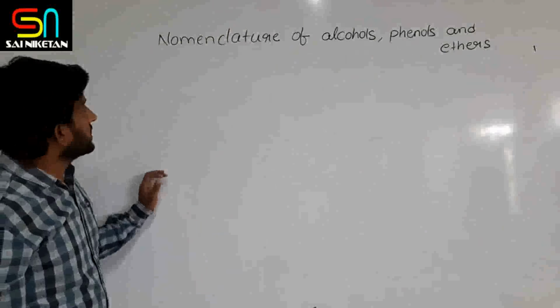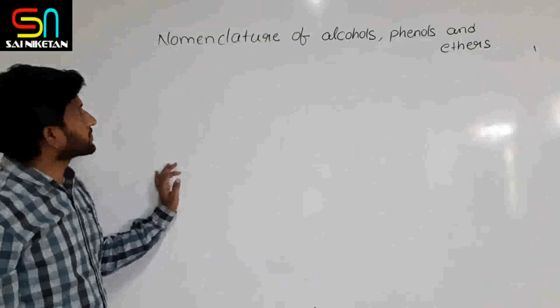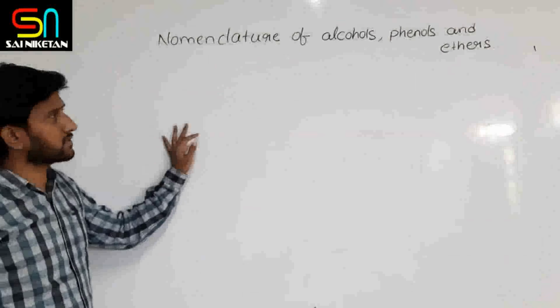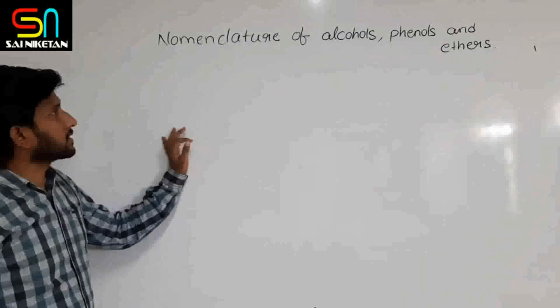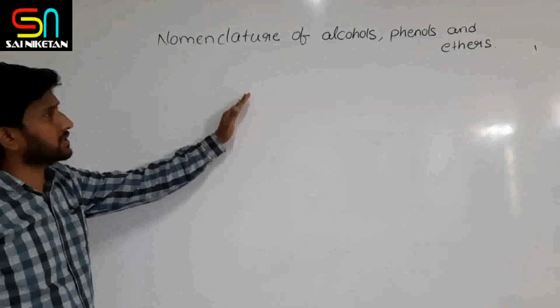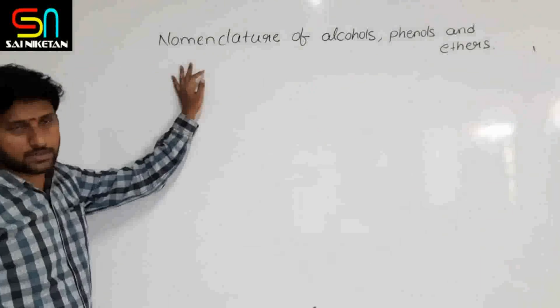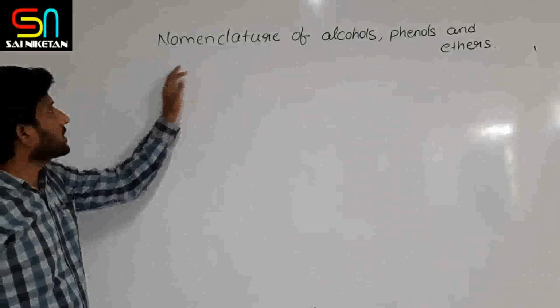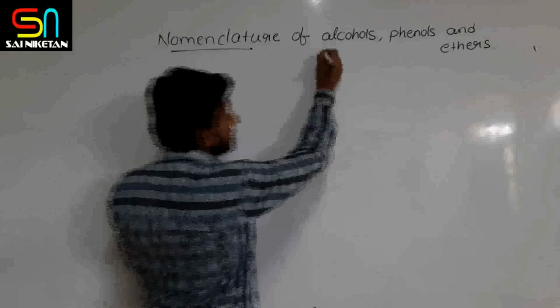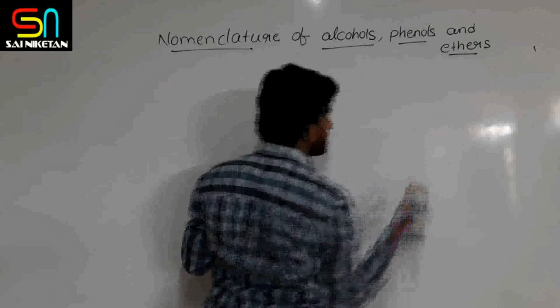We have seen yesterday about the introduction topic of alcohols, phenols and ethers, like what are alcohols, what are phenols and what are ethers. And also we have done classification in the last class. Now let us see nomenclature of alcohols, phenols and ethers.